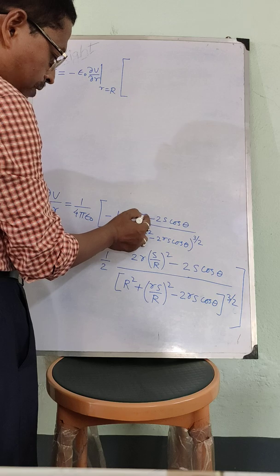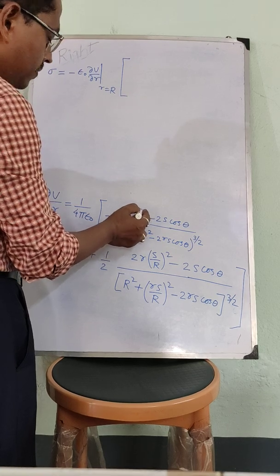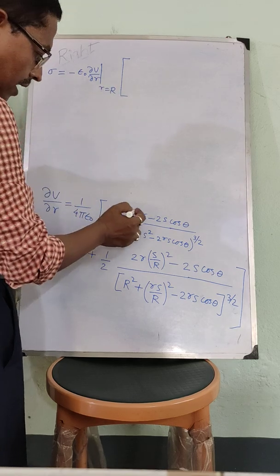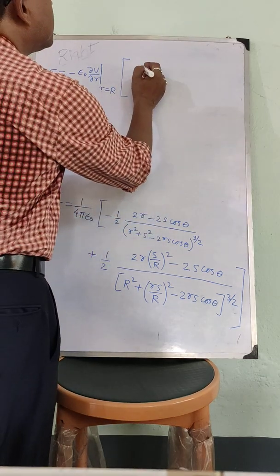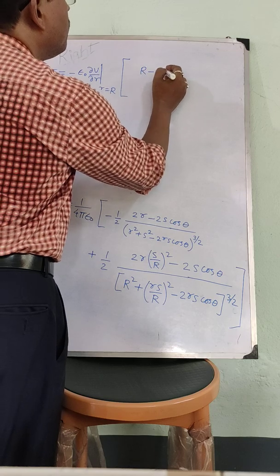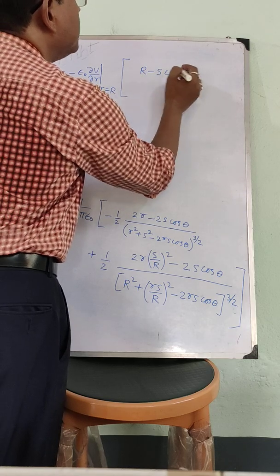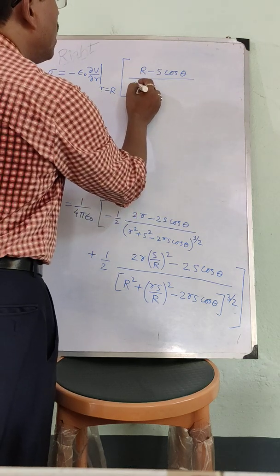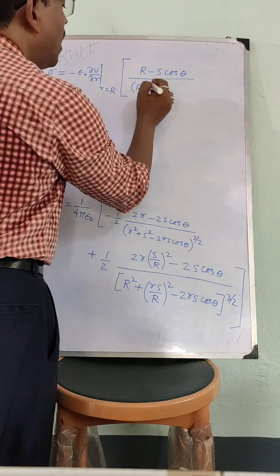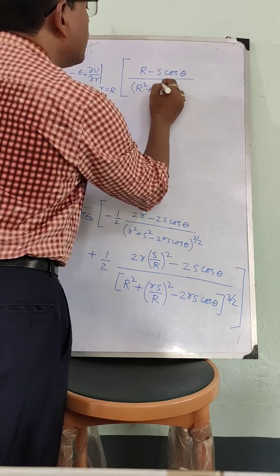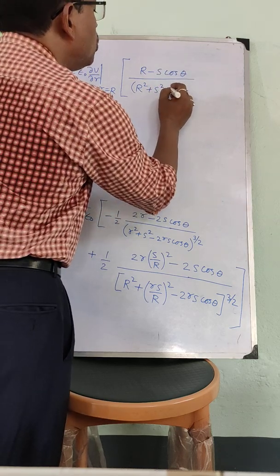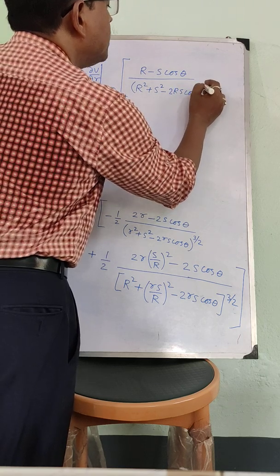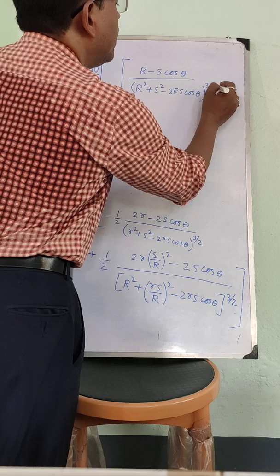Now in place of small r I will put capital R, because we need it at small r equal to capital R. So capital R minus s cos theta divided by r square plus s square minus 2 capital Rs cos theta whole to the power 3 by 2.